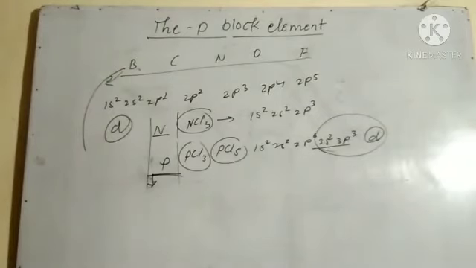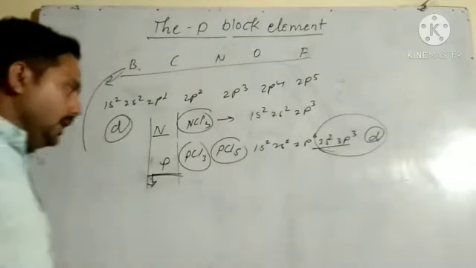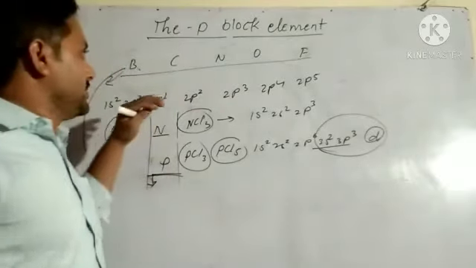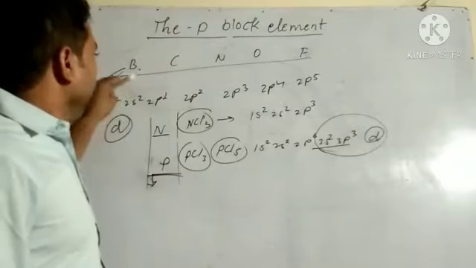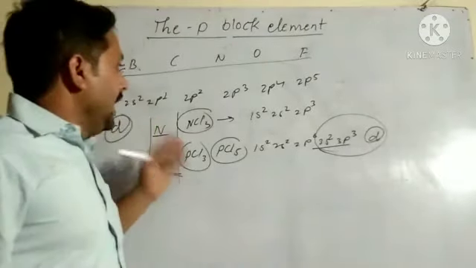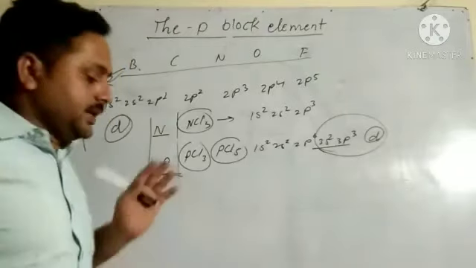So what we have seen here is that due to the absence of d orbitals in second period elements of each p block group, they have different properties from the rest of the elements.